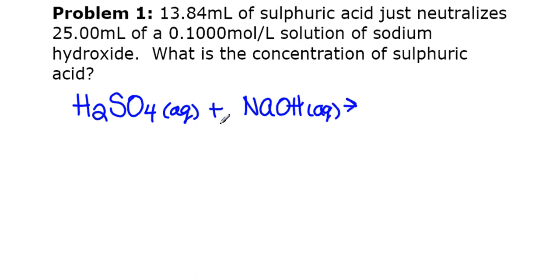You're going to get water between hydrogen and the hydroxide, and water's a liquid. And then you get your salt. The salt is from the metal ion in the base, sodium, and the sulfate ion in the acid. So it'll be sodium sulfate.